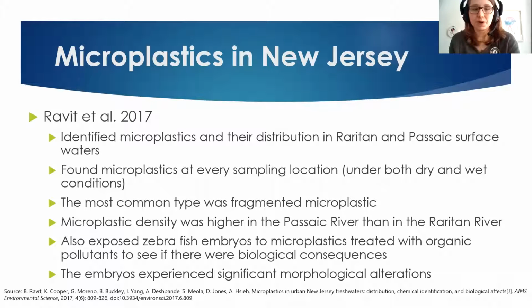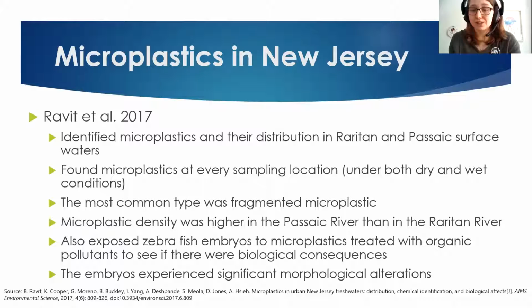But there was a paper put out in 2017, and they looked at different microplastics in the Raritan and Passaic rivers, and they sampled at two different conditions. So dry conditions, when the water is kind of low, and a wet condition, when the water is a bit more high, like a wet season.